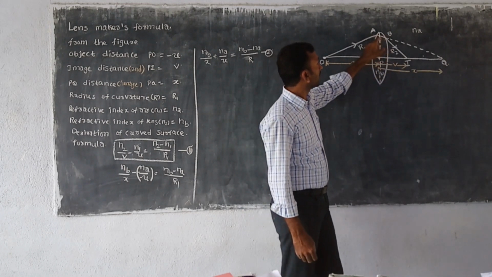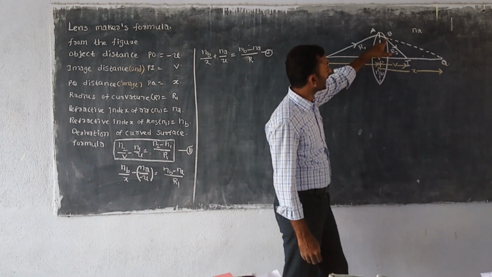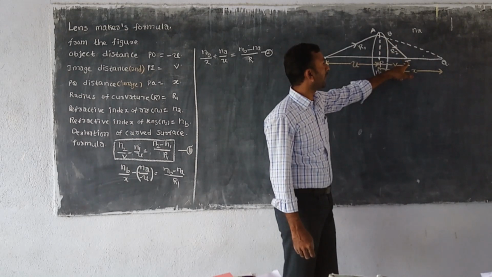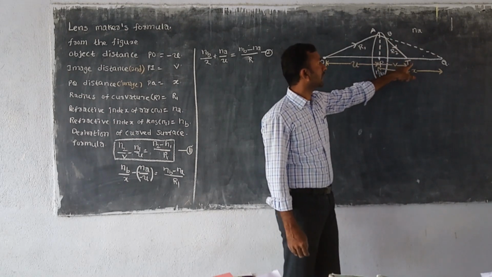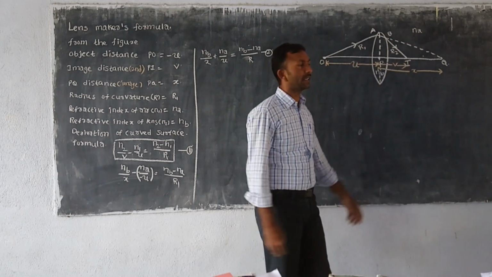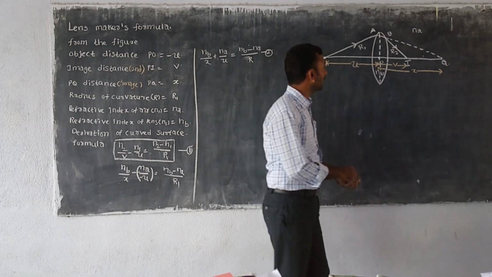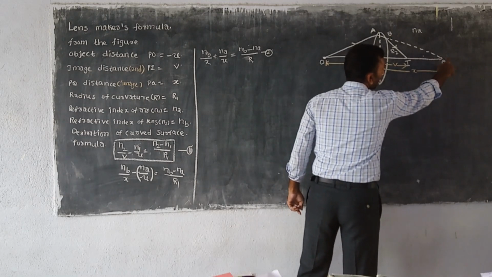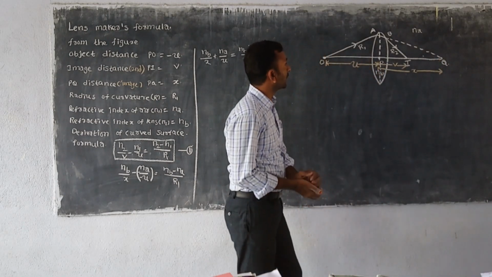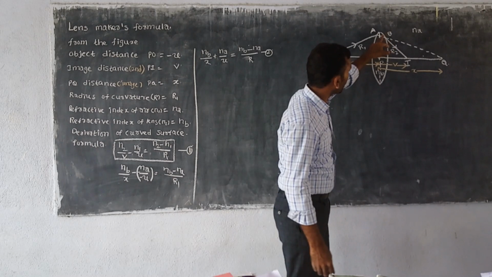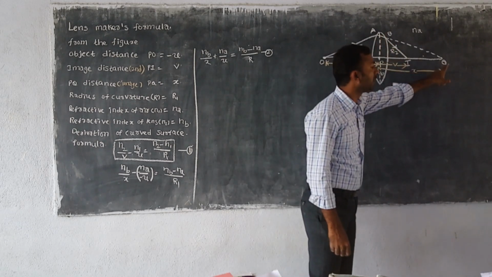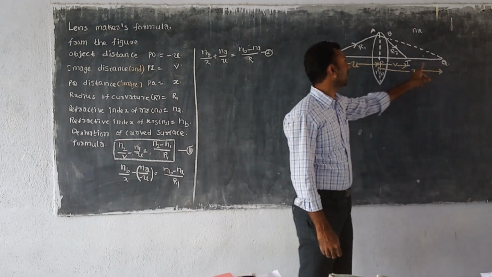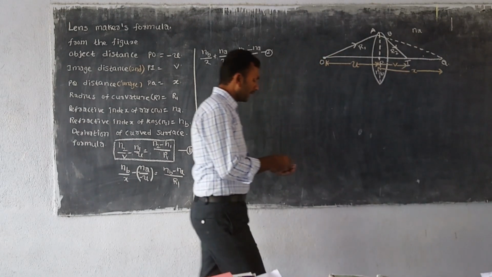When the light is refracted from point A to B, it takes another refraction and meets the principal axis at point I. So for the second curved surface, the image distance Q becomes the object position, and I is the image position.